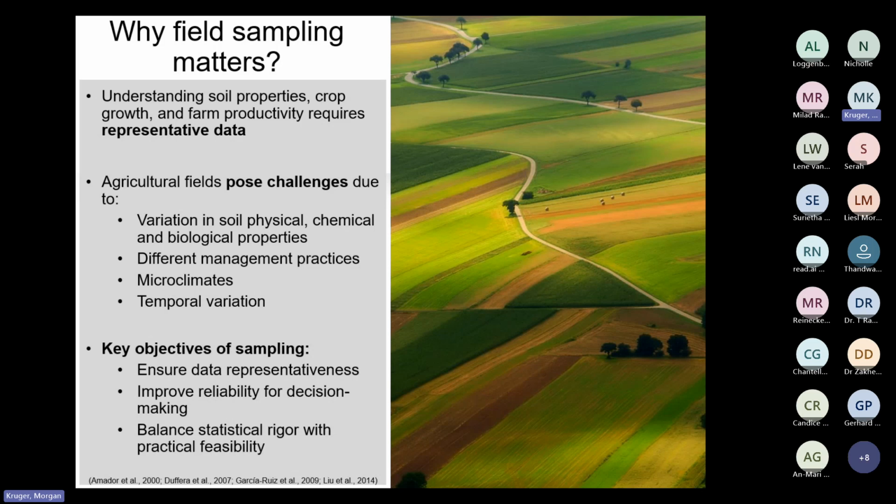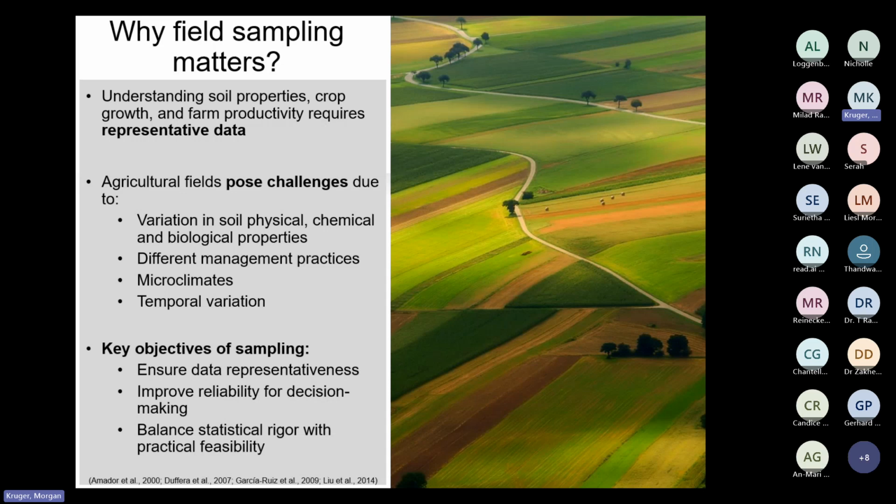This heterogeneity complicates soil health monitoring and the selection of representative samples. So our goal is to design sampling strategies that are statistically sound, practical in real-world conditions, and capable of capturing true variability within our fields. And the key objective of sampling is to ensure data representativeness. So we want to capture true variability in the field rather than getting misleading results from a few unrepresentative spots.